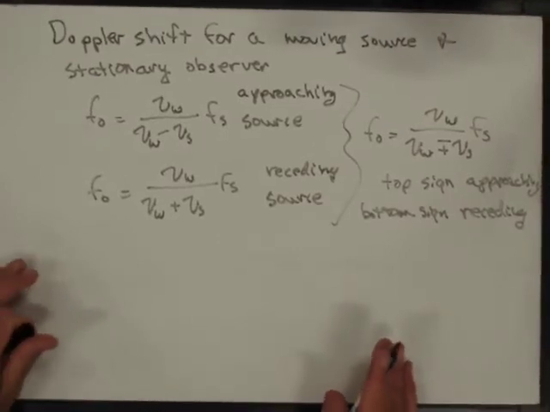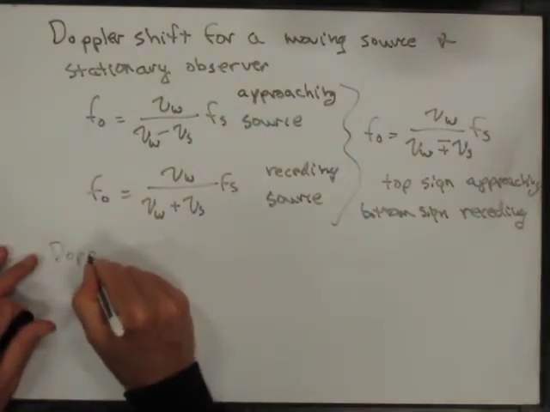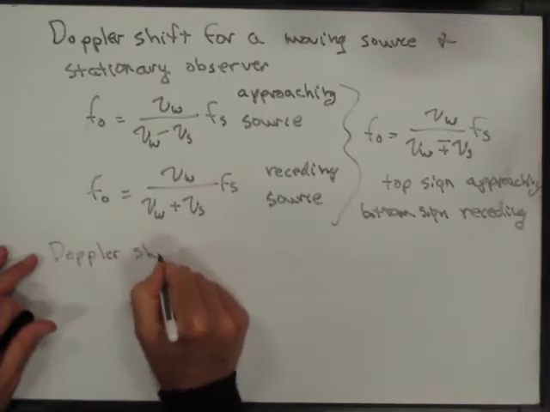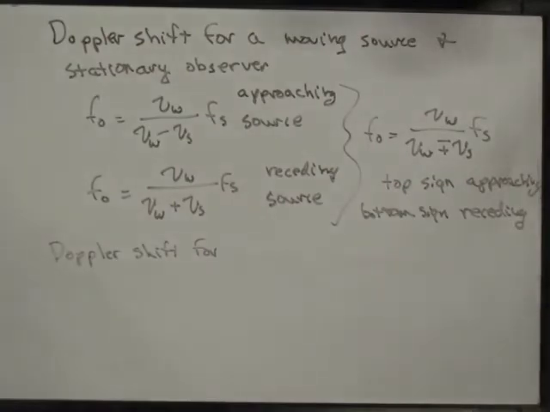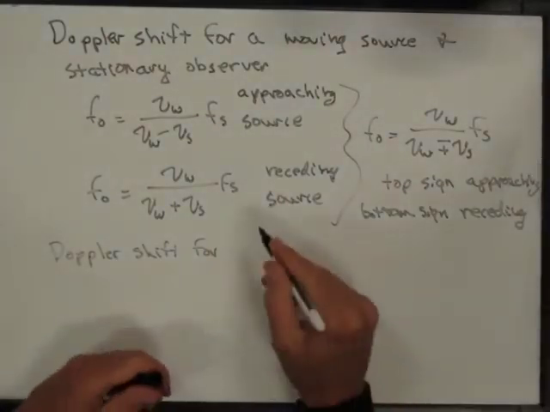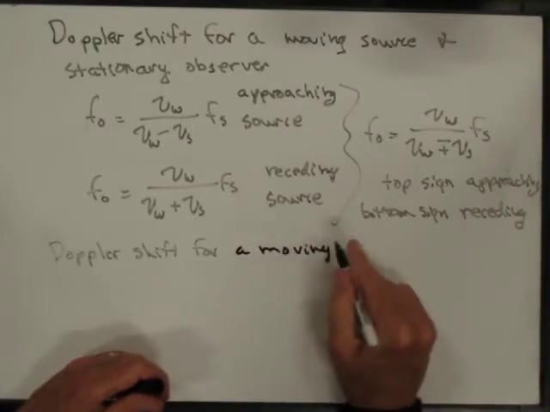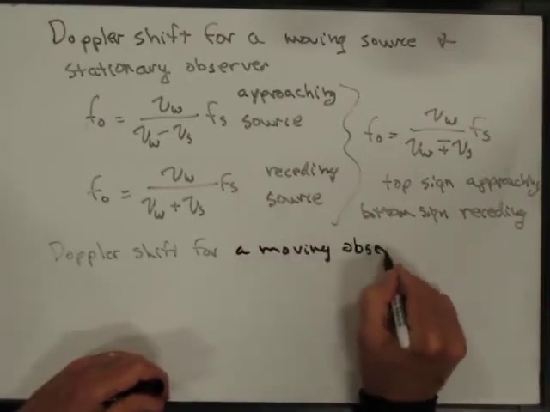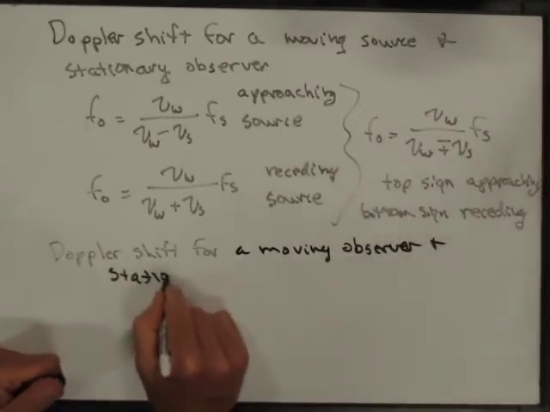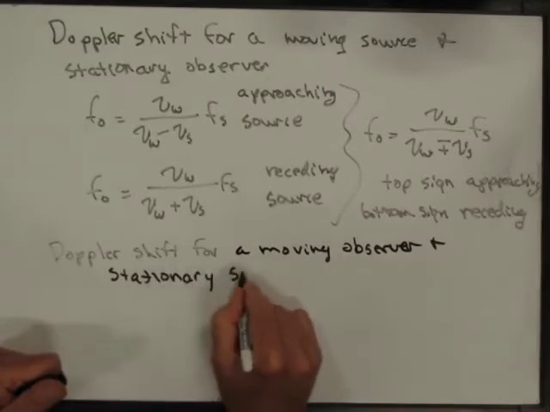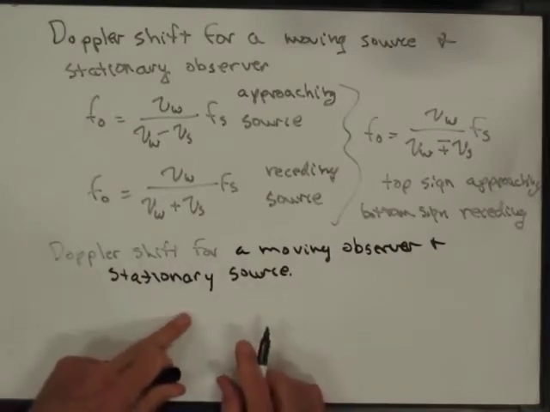So now we can talk about a slightly different version of this. What about the Doppler shift for a moving observer and a stationary source?